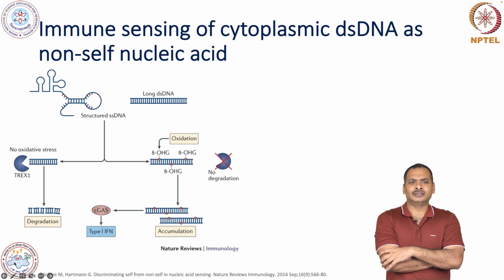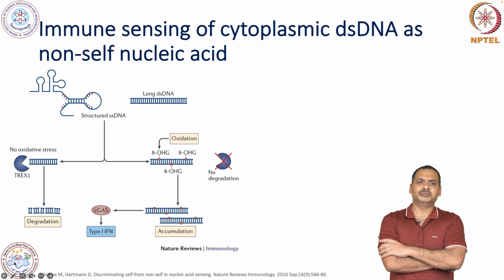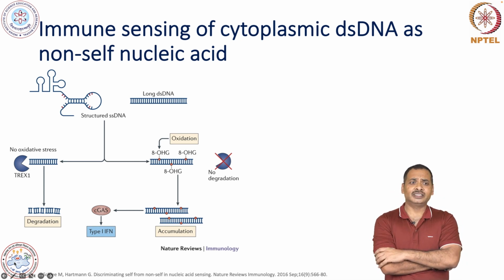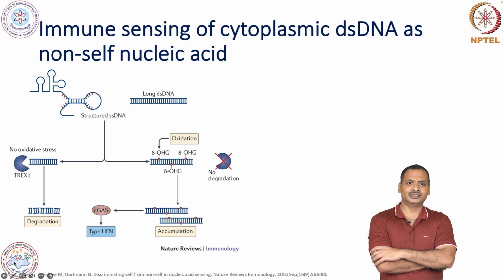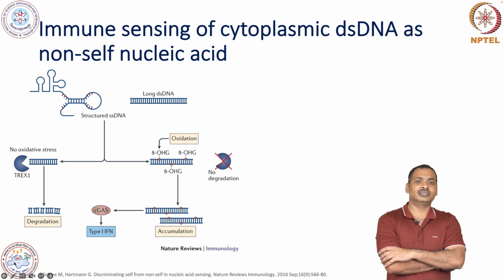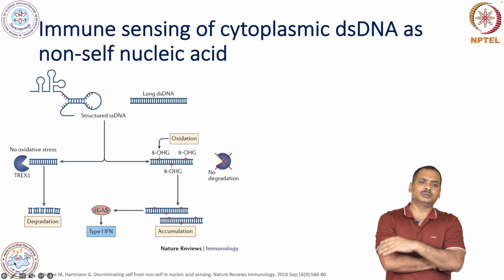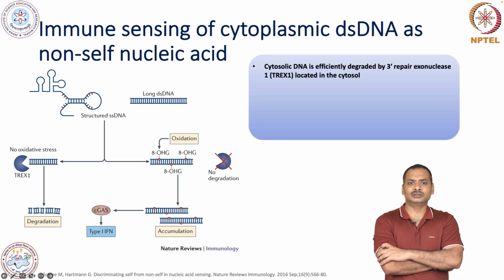Another is immune sensing of cytoplasmic double stranded DNA as a non-self nucleic acid. Here you can see there are unstructured single stranded DNA and long double stranded DNA molecules.